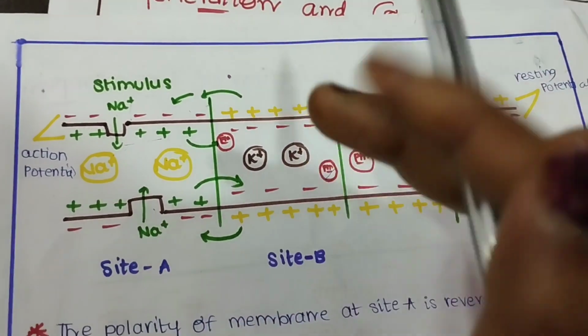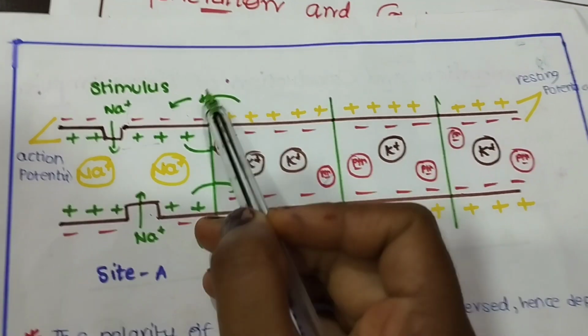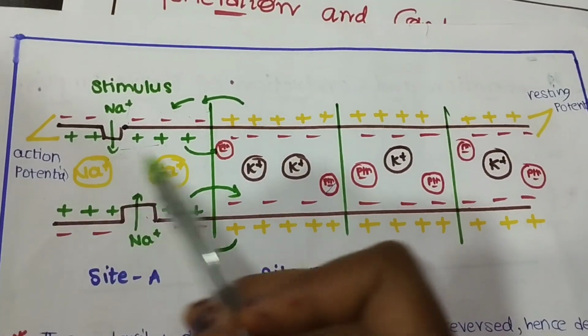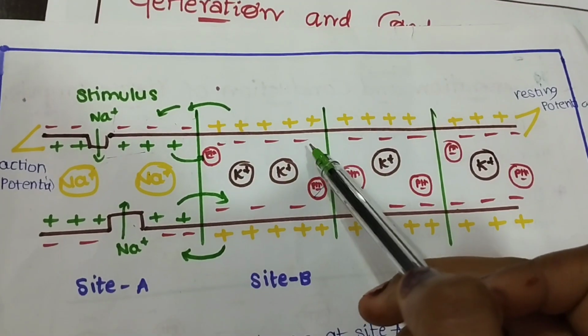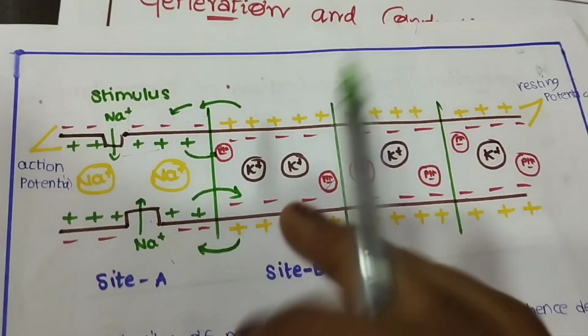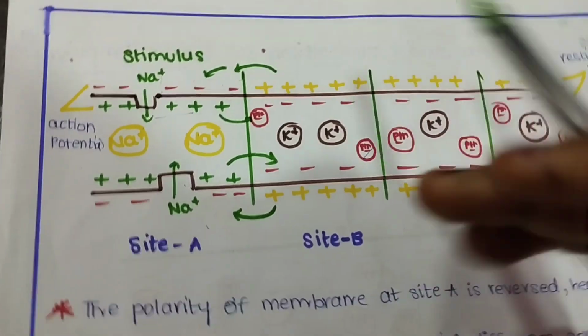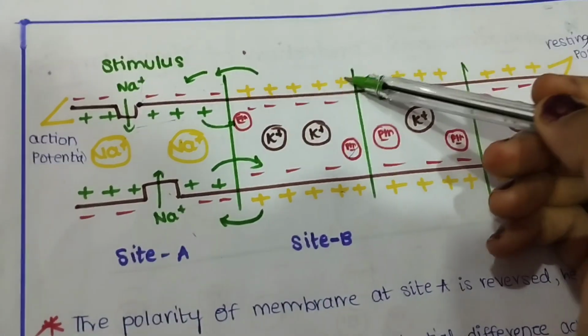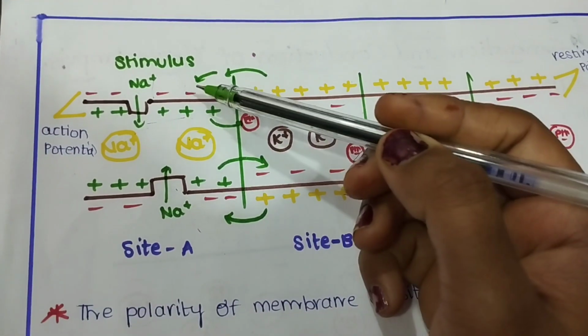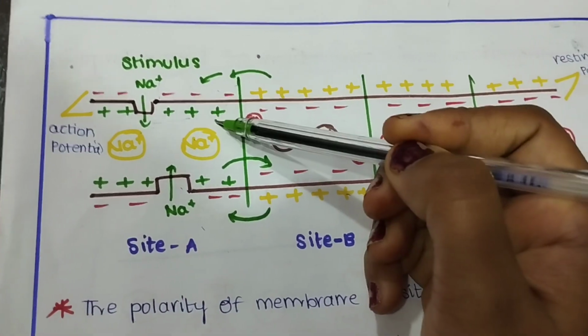So outside, the current flows from site B to site A, and inside there is positive charge at site A and negative charge at site B, so inside the current flows from site A to site B. Once again, listen. At site B, there is positive charge outside and negative charge inside, and at site A, negative charge outside and positive charge inside.